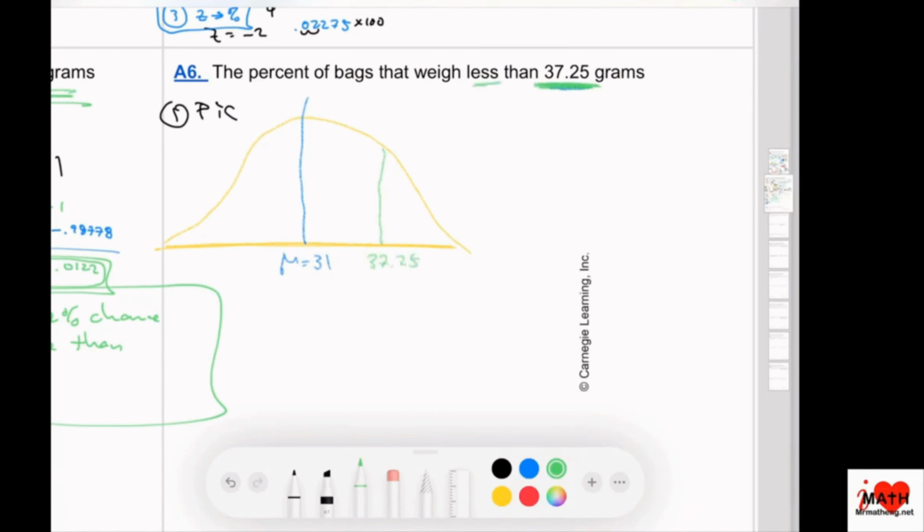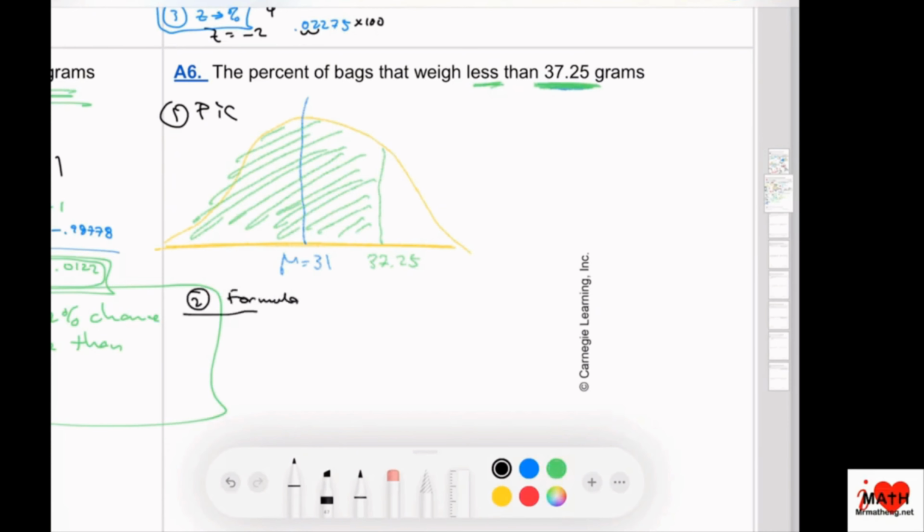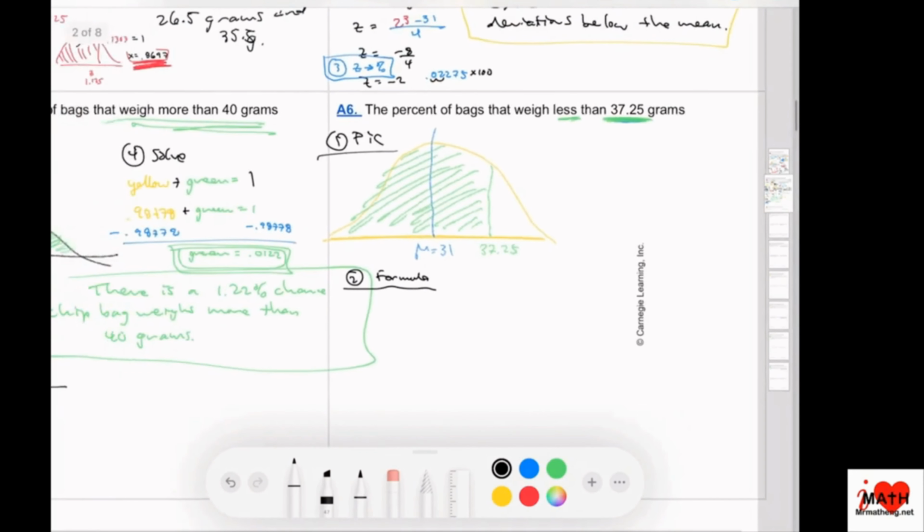And it says weighs less, which means we're going to find a percent under the curve using our z-score. So let's write down the formula. Z equals x minus the mean over the standard deviation.